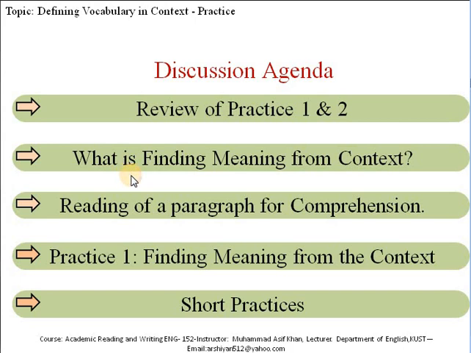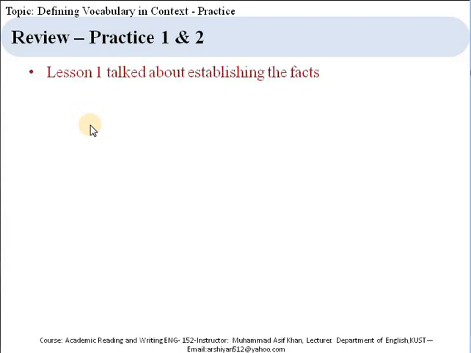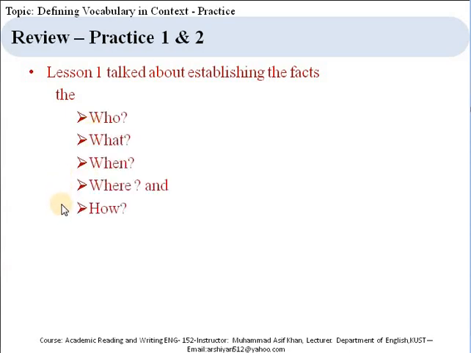Now we are going to start from the review of practice 1 and practice 2. In the first practice, we talked about establishing the facts. In that practice, we discussed how, with questions like who, what, when, where and how, we can identify what this piece of writing tells you and what happened in that piece.